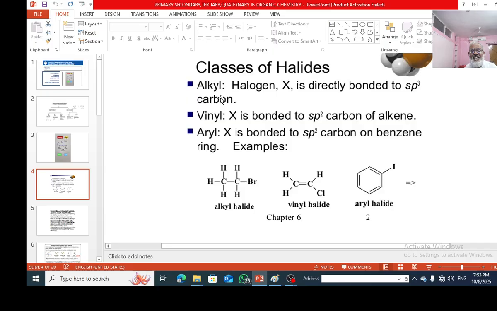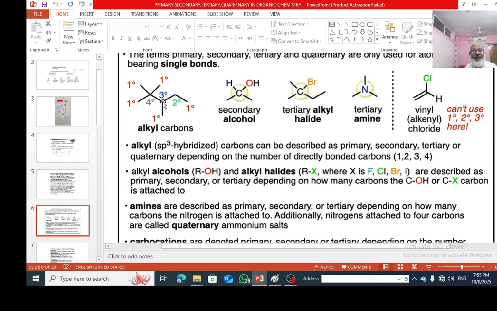This carbon is bonded to a single carbon, this carbon. That's why this is also primary. This carbon is bonded to 2 carbons on 2 sides, first this carbon and second this carbon. So this carbon will be termed a secondary carbon.